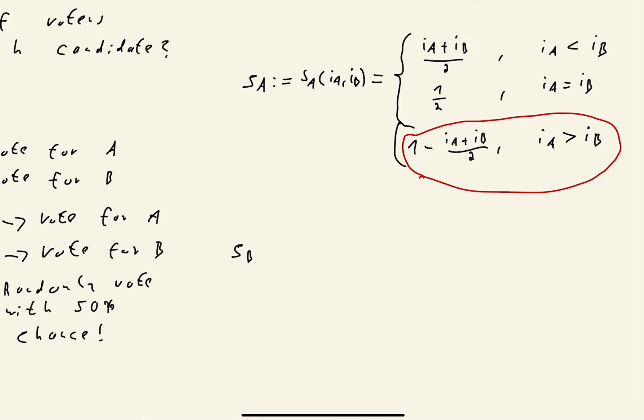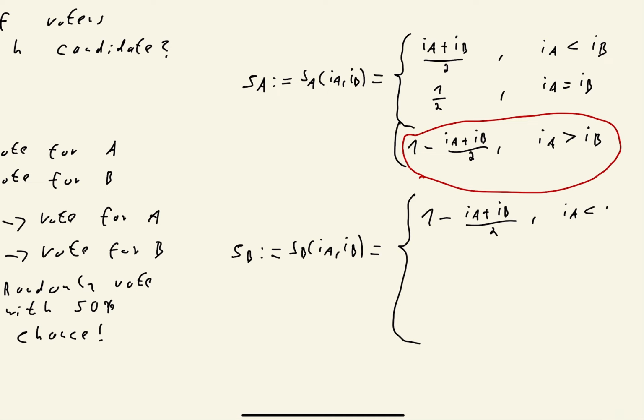So SB is now defined explicitly as a function depending on the ideologies. It's 1 minus (IA plus IB) divided by 2 if IA is strictly smaller than IB. It's 1/2 if IB is equal to IA.